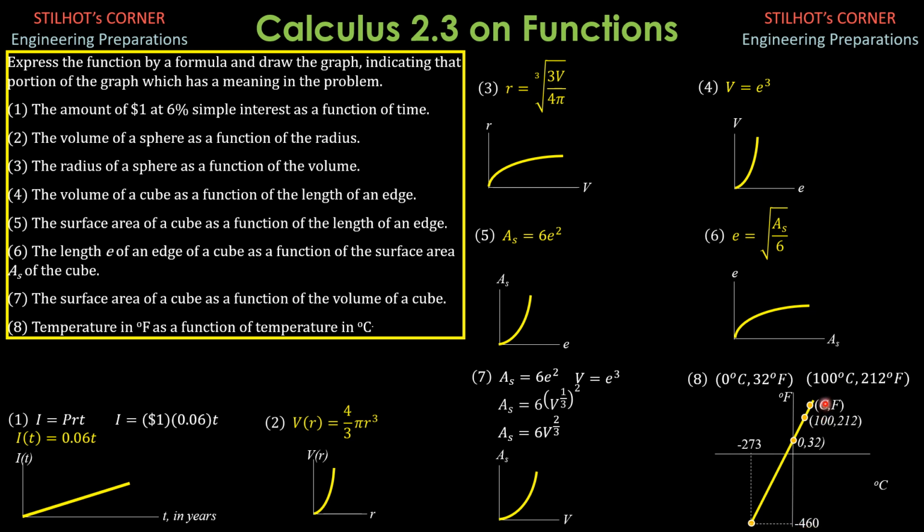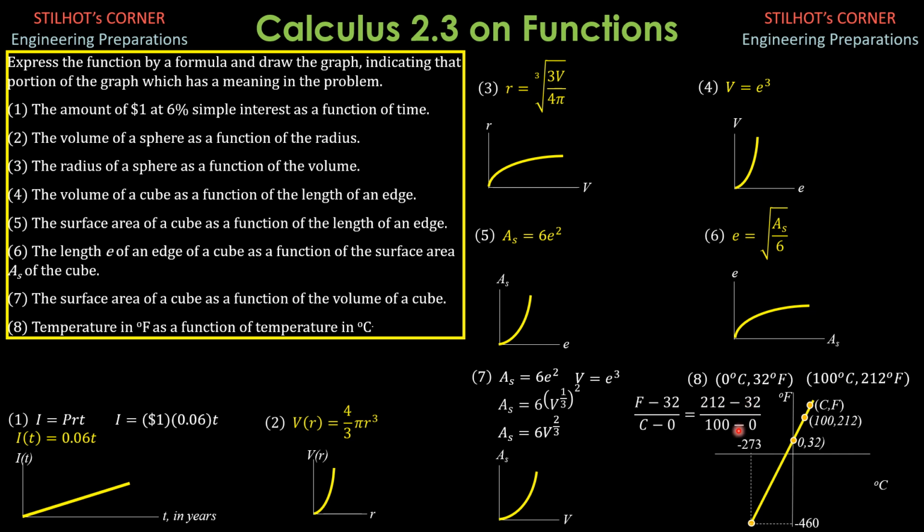So by equating slopes, F minus 32 over C minus 0 equals 212 minus 32 over 100 minus 0.